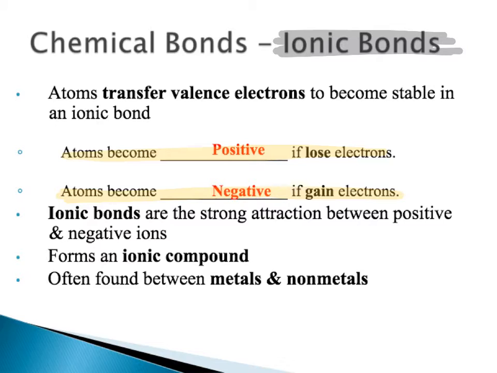And that is what forms when we talk about ionic compounds. And what's important to remember here is that this often occurs between metals and nonmetals, so between atoms of two different categories on our periodic table. Let's talk about why.